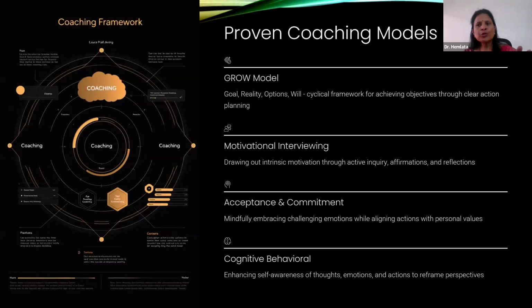On intelligence quotient and technical knowledge, they were similar. The only differentiating aspect was emotional intelligence. So if we have control over emotion, and we can understand others' emotion, we can always go for a better leadership position. Cognitive behavioral, enhancing self-awareness of thoughts, emotions, and actions to reframe perspectives.